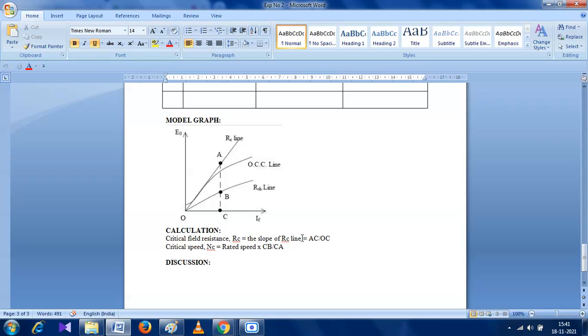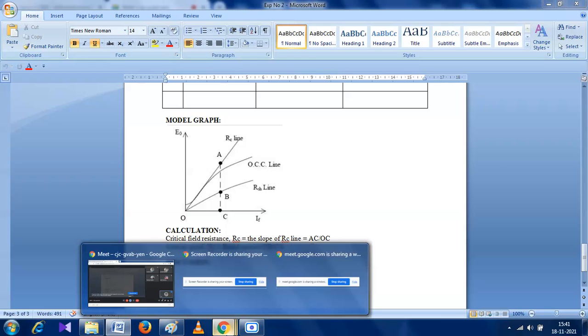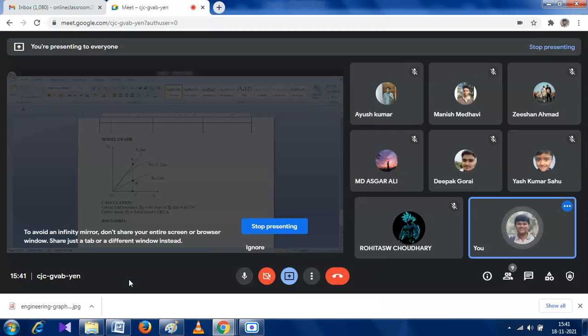The graph I have drawn in graph paper and the model graph are similar in nature. हुआ कि नहीं, देखिए। समझ में आ रहा है ना आयुष?